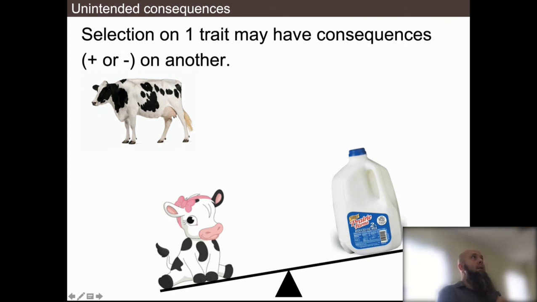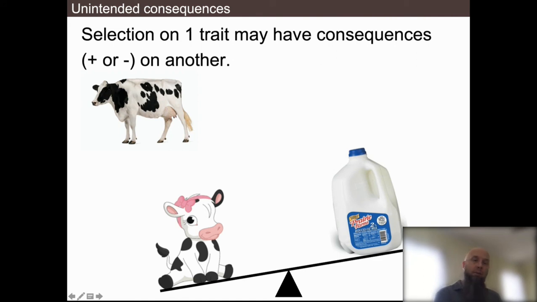Now, when selection is acting on these traits that confer some advantage, there can be negative consequences, or there can be positive consequences that come along with it, right? When we think about these dairy cows and selection acting on them for increased milk production, there is, in fact, a negative byproduct of this selection.